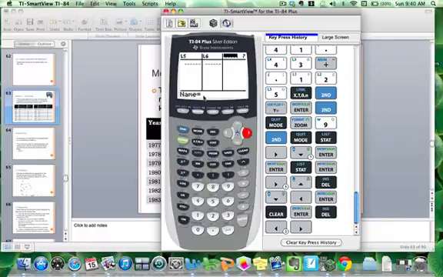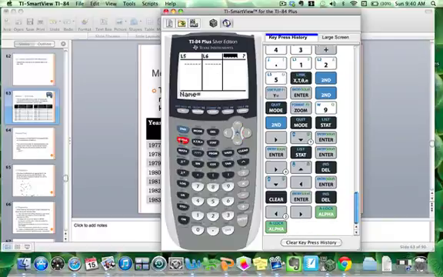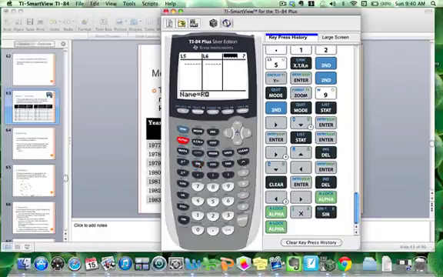For me, the alpha key is already on. I'm not sure why that is, but if it's not, hit alpha and this A will be blinking, okay? And you're going to literally type R-E-S-I-D. The R is above the multiplication button. E is above the sine button. I guess I hit alpha again.